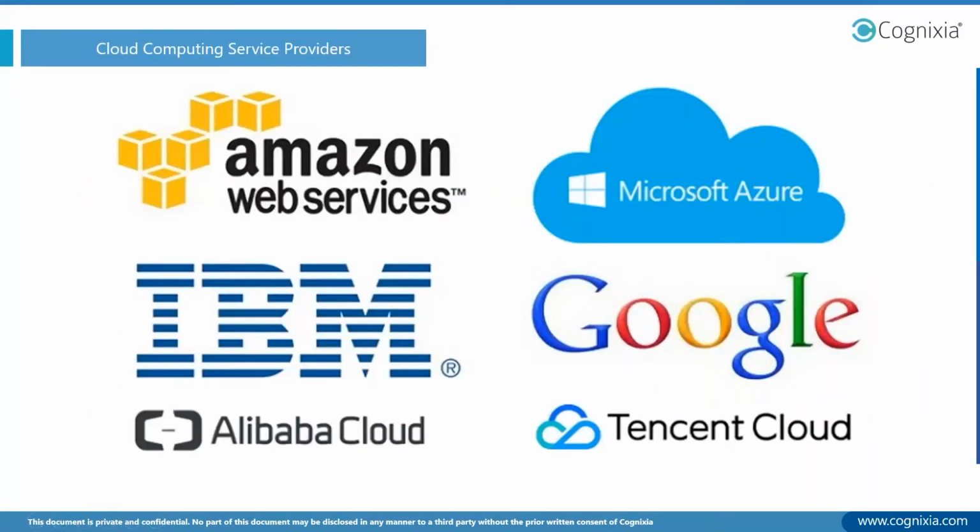Next is cloud computing service providers. If you are looking for a public cloud solution for your company, we have a number of cloud providers these days, but a few are the best. For example, Amazon Web Services, Microsoft Azure, and Google Cloud Platform you can choose. These are the top three: Amazon, Microsoft, and Google.